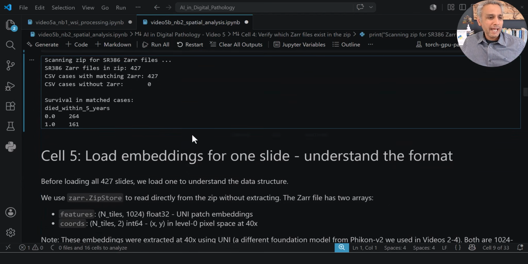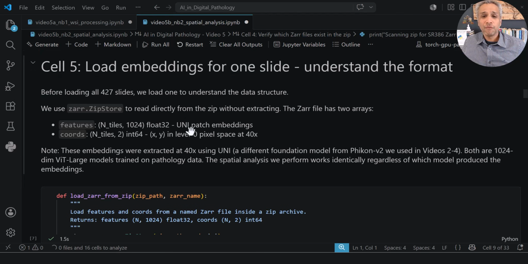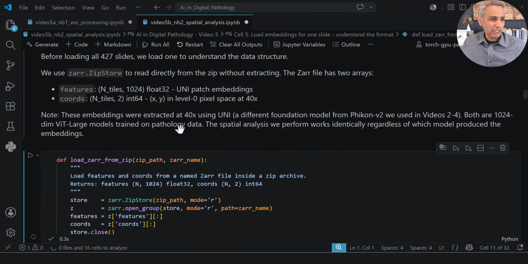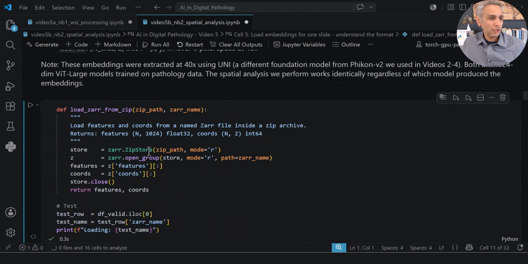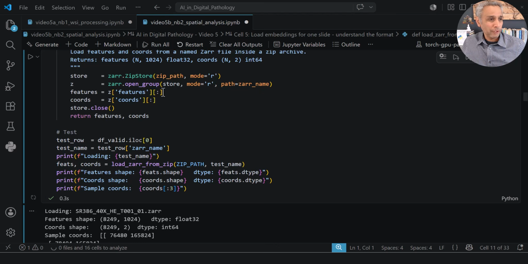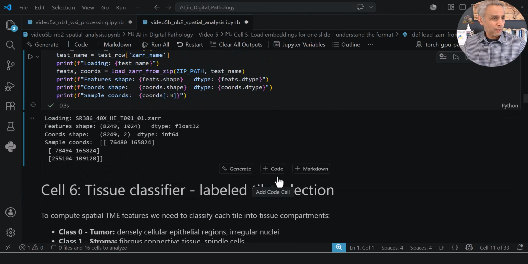Okay, and now let's load the embeddings for one slide. Let's look at one slide and understand exactly what's going on before we process all these 427 slides. So here you can see, by the way, it uses zarr.ZipStore, like I mentioned in the presentation, to open the zip file, and then zarr.open_group.